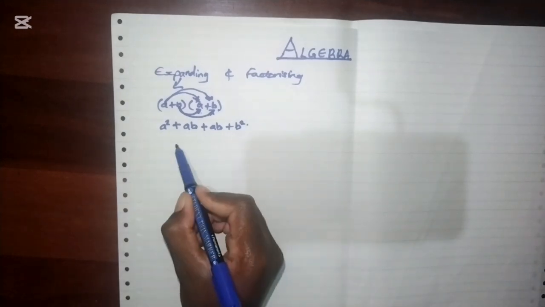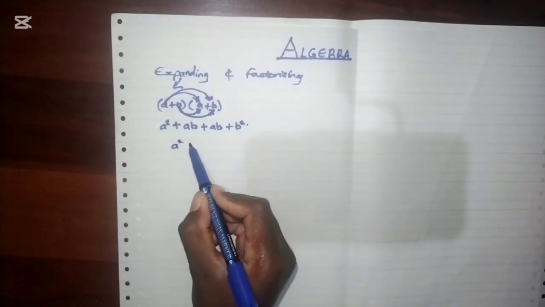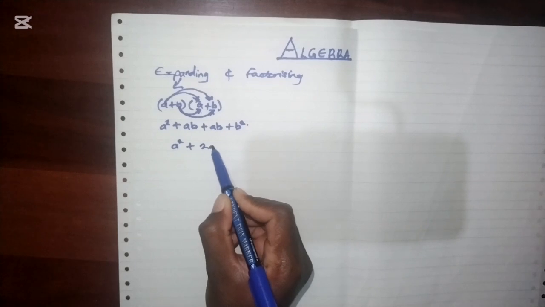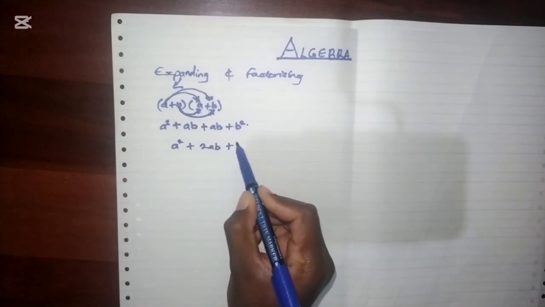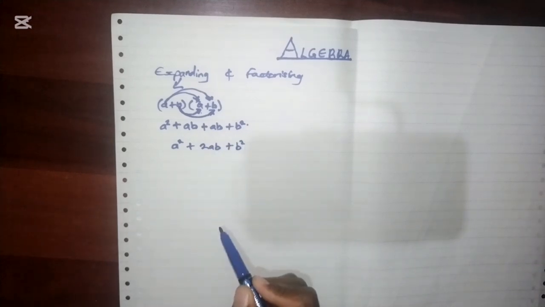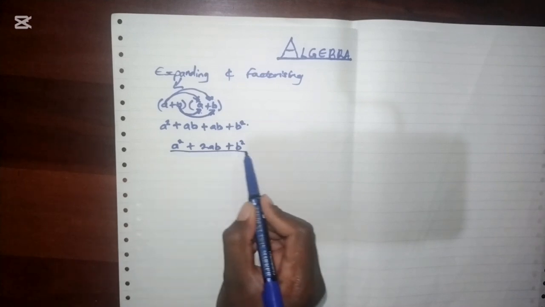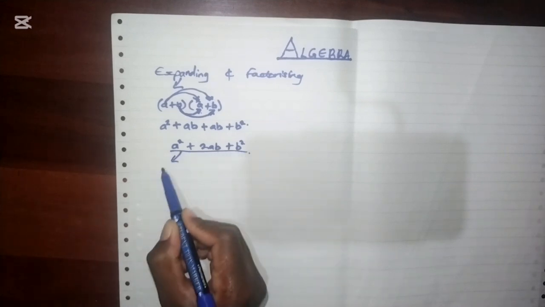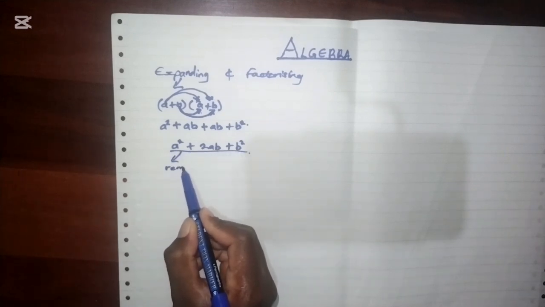So let's simplify that. That simplifies to a squared plus 2ab plus b squared. So basically when we're expanding, we're simply removing the brackets.